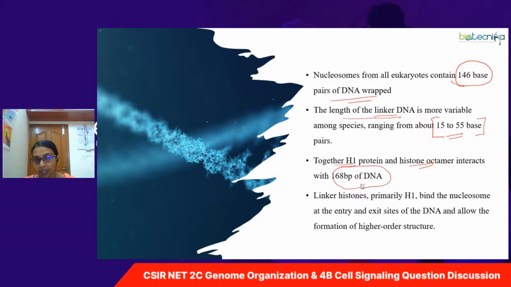So this makes the first statement correct. Then, linker histones: this is H1, which is responsible for binding to the nucleosome at both the entry and exit sites of the DNA, which in turn is responsible for the formation of higher order structures.